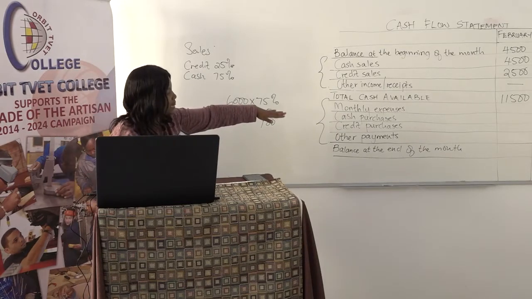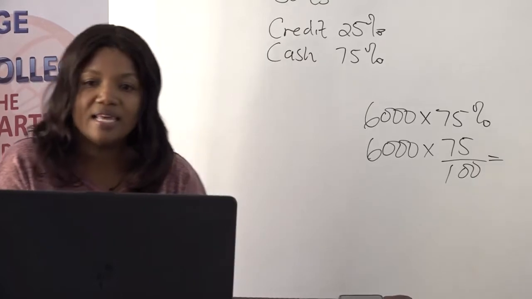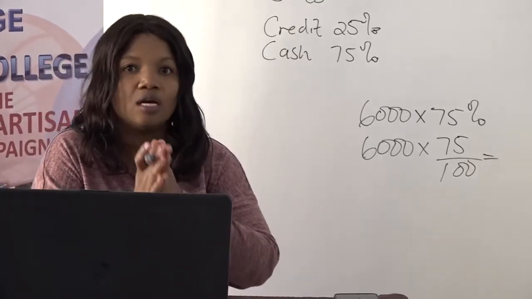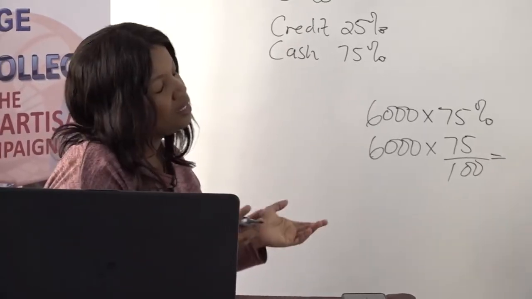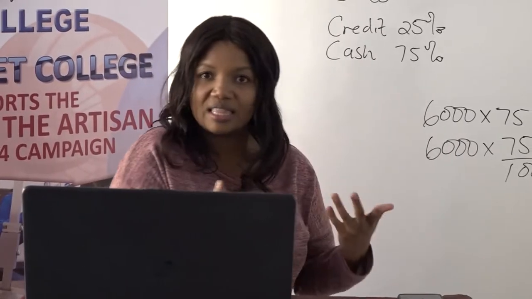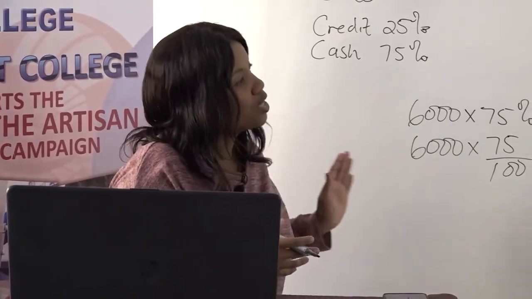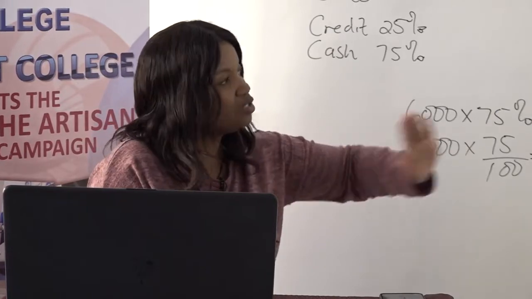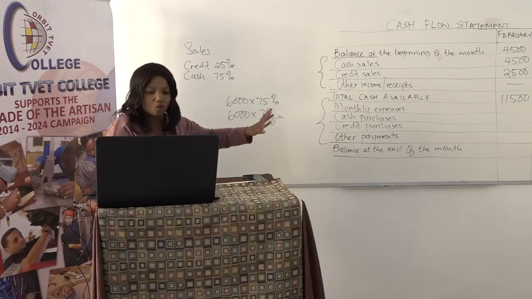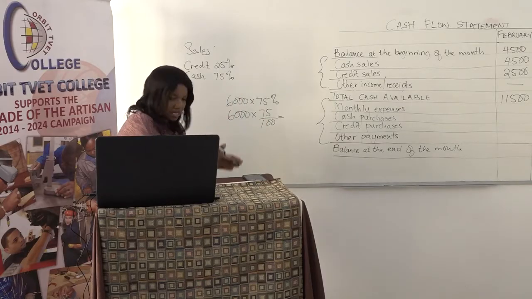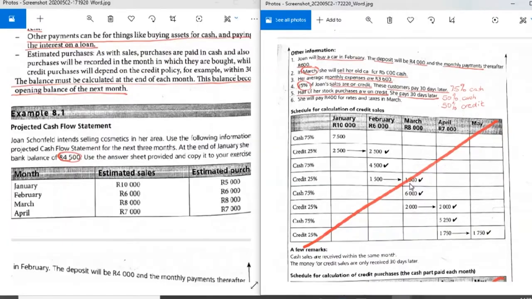Then we move to monthly expenses. Now our monthly expenses remain constant. If maybe they say monthly expenses is 3,000 rands, it means that for the months that we are preparing the cash flow statement, it will remain that amount. Now when we look at our transactions, the average monthly expenses is 3,600.